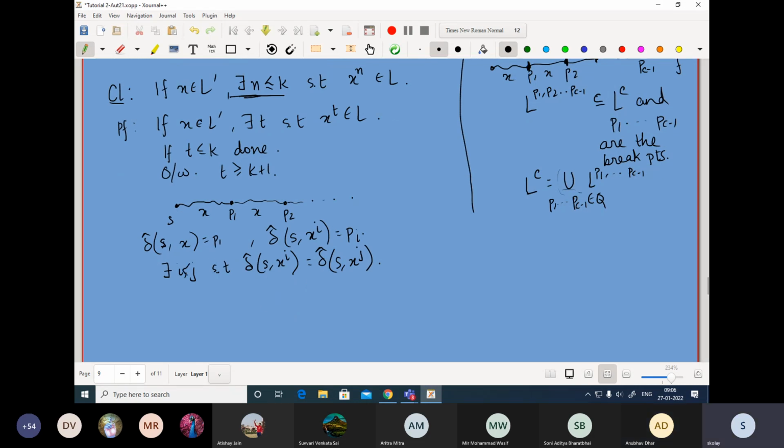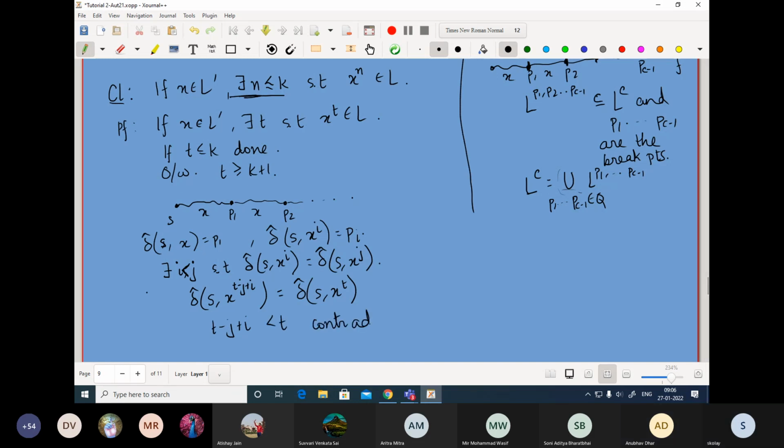I'll just say i is strictly less than j. Now we try to see delta hat of s comma x to the power t minus j plus i, and this will also be equal to delta hat of s of x to the t. So t minus j plus i is strictly less than t, which contradicts the minimality of t.